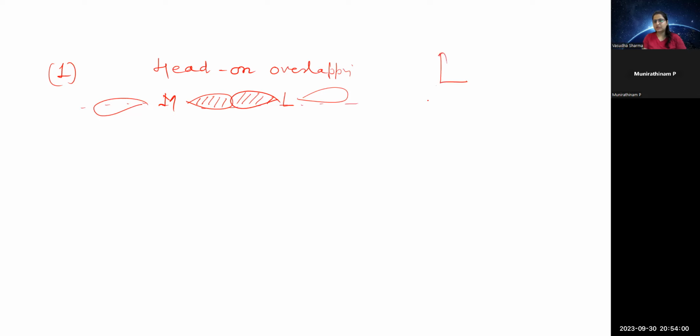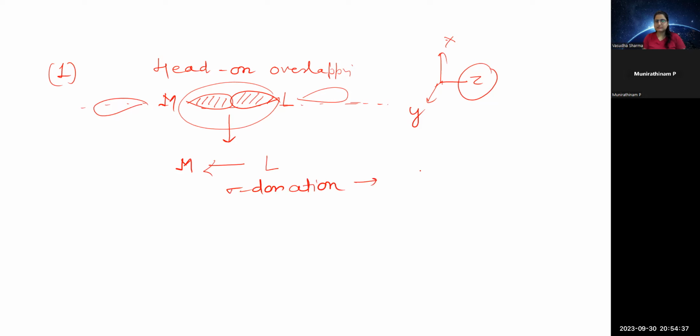Normally we know that Cartesian coordinates go like X, Y, and Z axis, and we consider the Z axis as the internuclear axis, where the nuclei are surrounded by more electron density. So here ligand to metal sigma donation is happening, and that is head-on overlapping. That means more electron density is there.